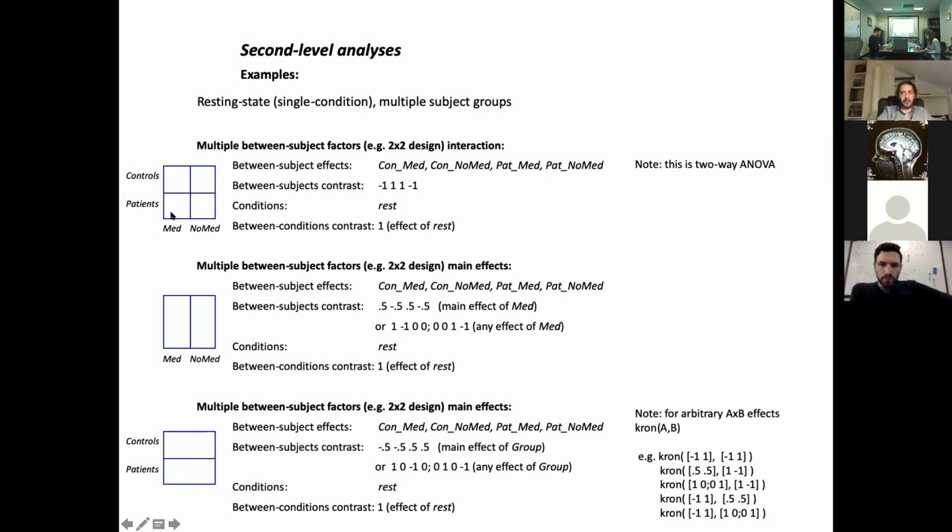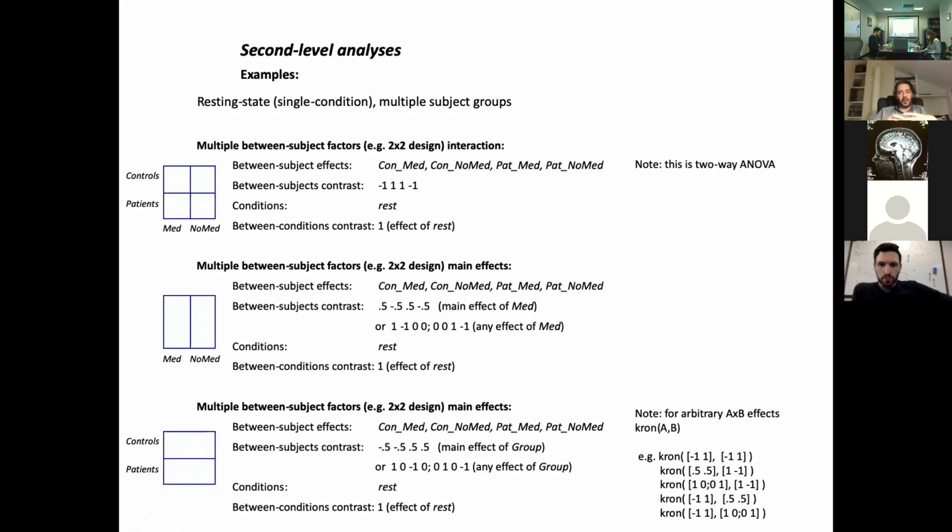So you effectively have 4 groups, but they are organized in a 2x2 manner, right? Conceptually, you have two factors that you care about. One is patients versus controls, and the other is the medication factor, whether they are medicated or not. You can talk about the main effects of group or medication, or you can look at the interaction between those 2 things. This is all the ANOVA nomenclature for this kind of between-subject design.